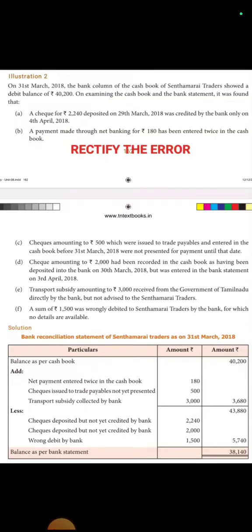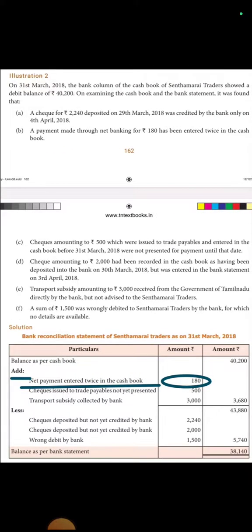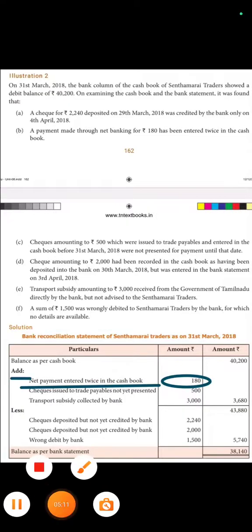How can we rectify this error? We have to add the 180 rupees in our cash book. So in the add column, we have to write net payment entered twice in the cash book, rupees 180.